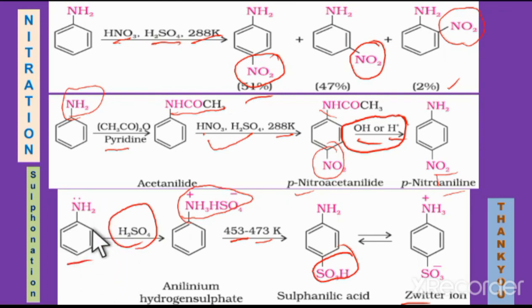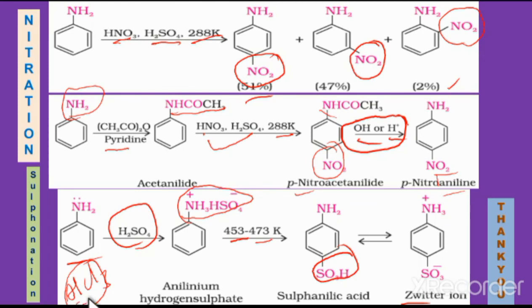And here aniline does not undergo Friedel-Crafts alkylation or Friedel-Crafts acylation. This is because aniline forms a salt with AlCl3, so it cannot further react with the acyl halide or alkyl halide.